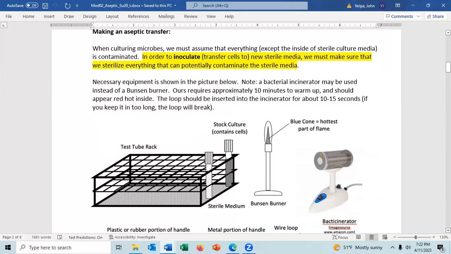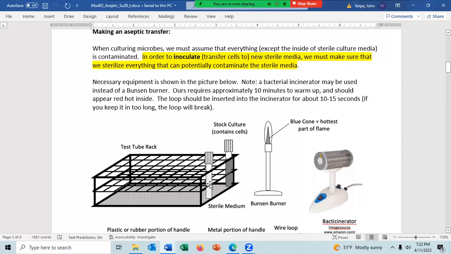And we'll talk more about an autoclave later. So everything that can potentially contaminate the new sterile media is sterilized. Here it is, the sterile media, where we're going to put the cells from the stock culture.